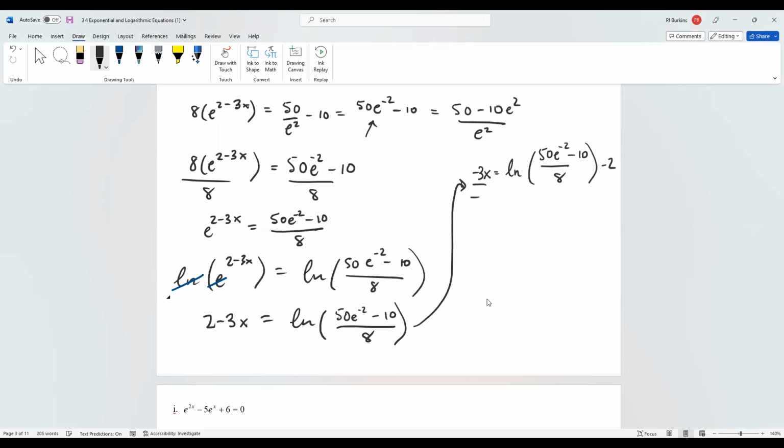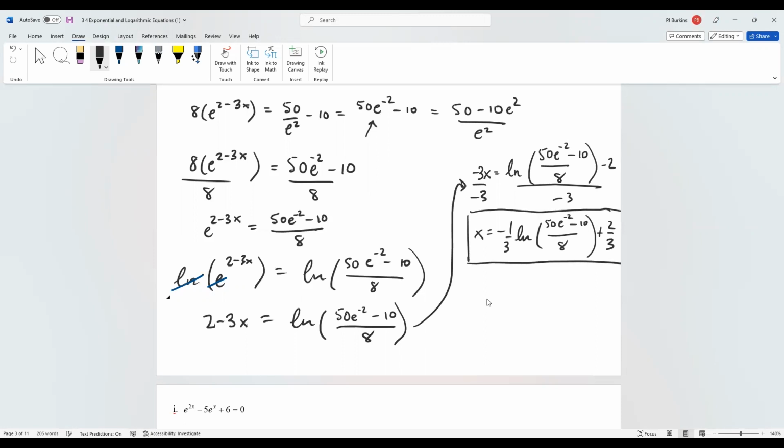And then finally divide everything by -3. And I'm going to write it like this. That would be my answer. And no, that is not pretty, but that is the answer.